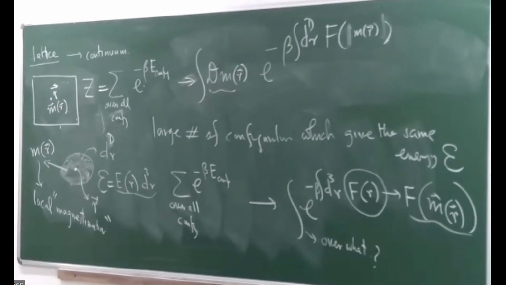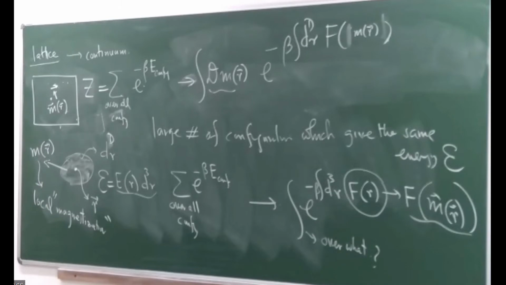Over here now, instead of a lattice point, I have a d^3r, a volume element if it is a 3D volume, a surface element if it is a surface, a line element in d equal to 1. But I'll call them all volume elements.